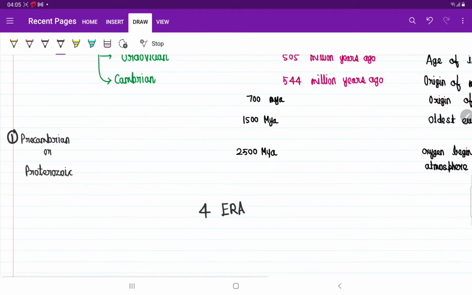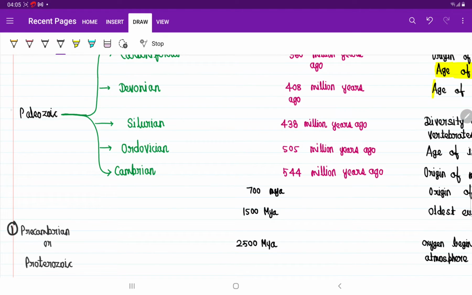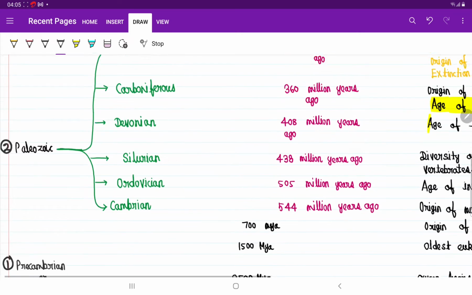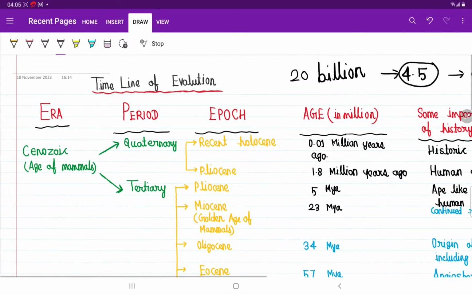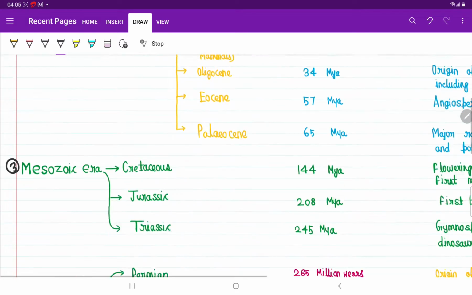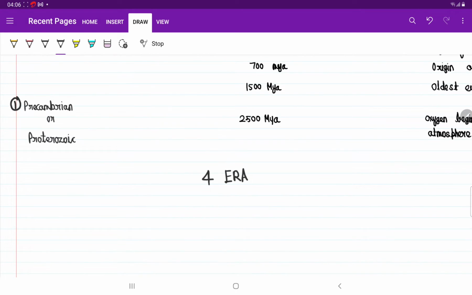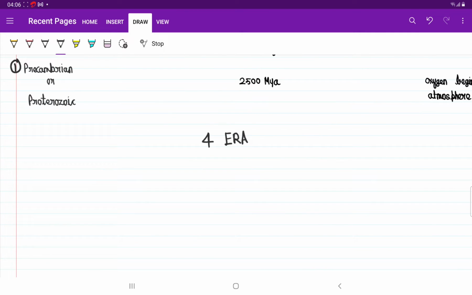Then we have the Paleozoic era, the second era. And then the third era is called the Mesozoic era. And then the current era is called the Cenozoic era. Proterozoic, Paleozoic, Mesozoic, Cenozoic.